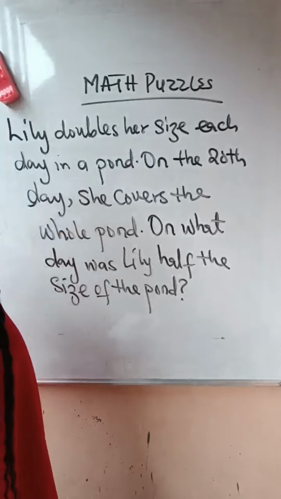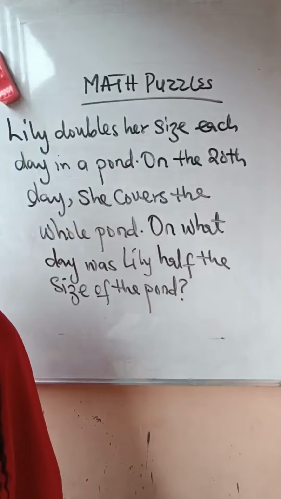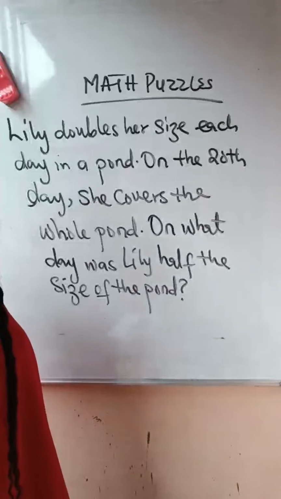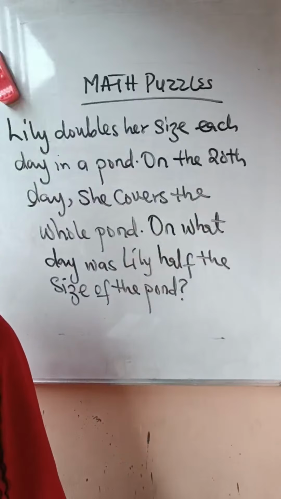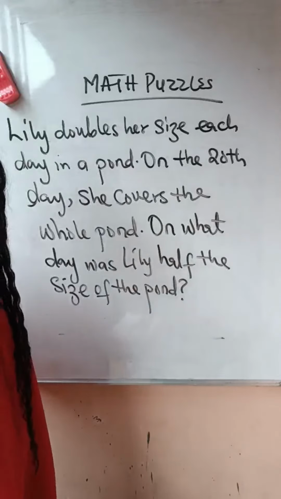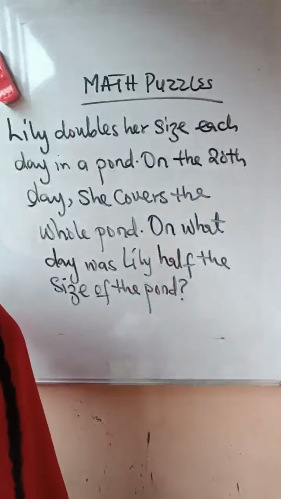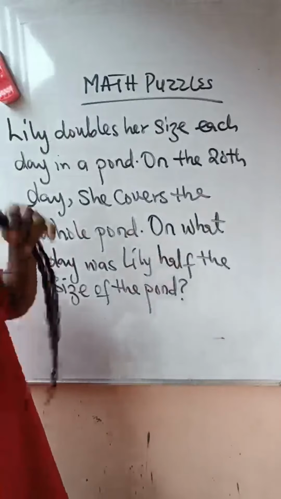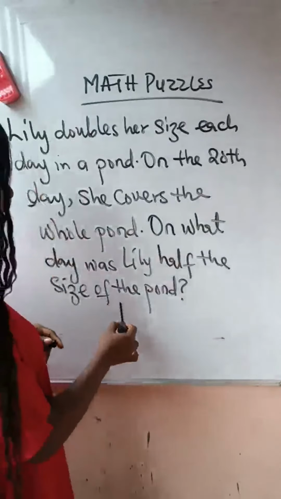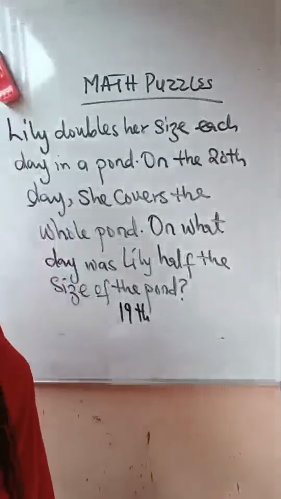Lily doubles her size each day in a pond. On the 20th day, she covers the whole pond. On what day was Lily half the size of the pond? Now the answer is on the 19th day. It's actually the 19th. Now let me explain.